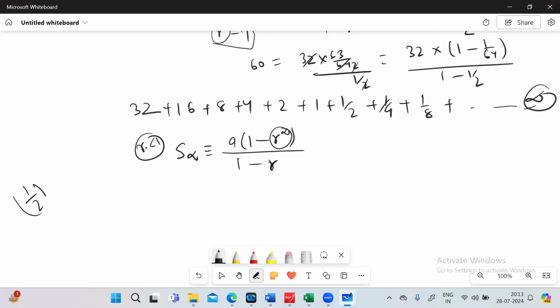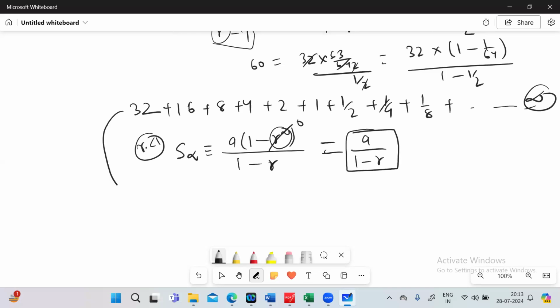Like 1 by 2 to the power infinity is 1 by infinity, which is kind of 0. Similarly, 4 by 5 to the power infinity will also be 0. So any common ratio less than 1, if raised to the power infinity, will be 0. And then 1 minus 0 will be 1. So this formula will get reduced to A divided by 1 minus R.